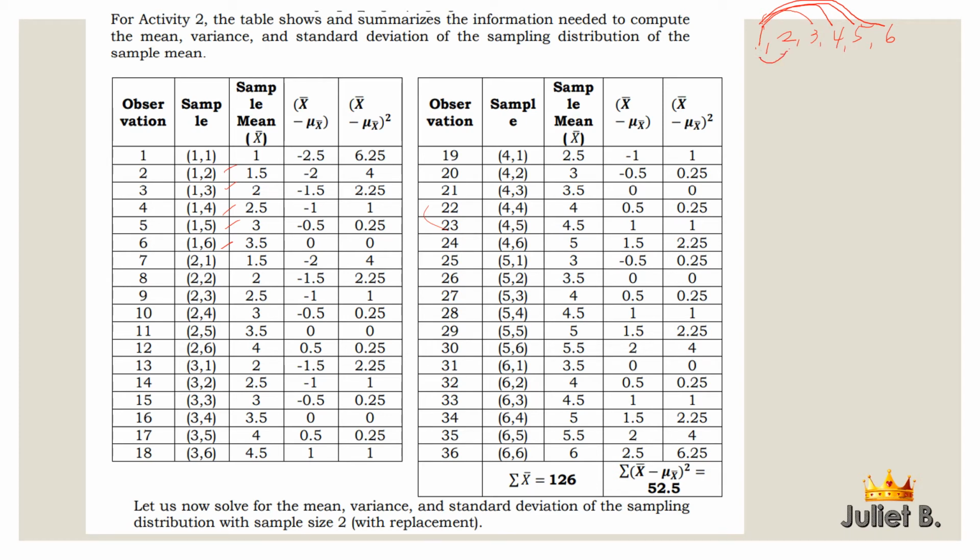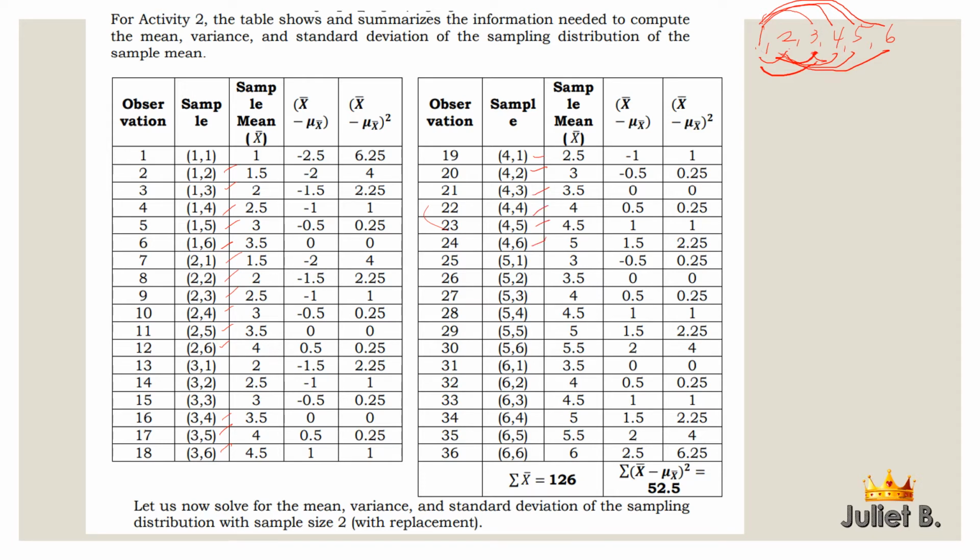So, 2, 1, 2, 2, 2, 3, 2, 4, 2, 5, and 2, 6. And the next is 3: 3, 1, 3, 2, 3, 3, 3, 4, 3, 5, 3, 6. We are done again with 3. 4 next: 4, 1, 4, 2, 4, 3, 4, 4, 4, 5, 4, 6.